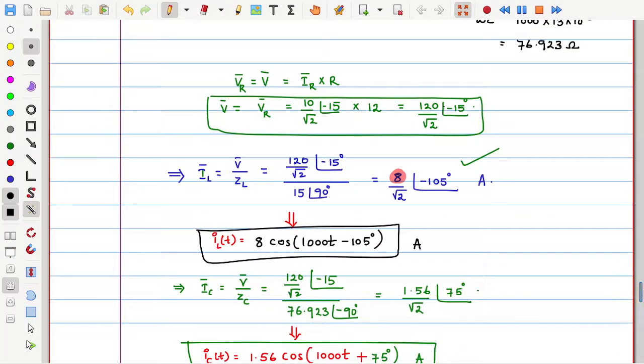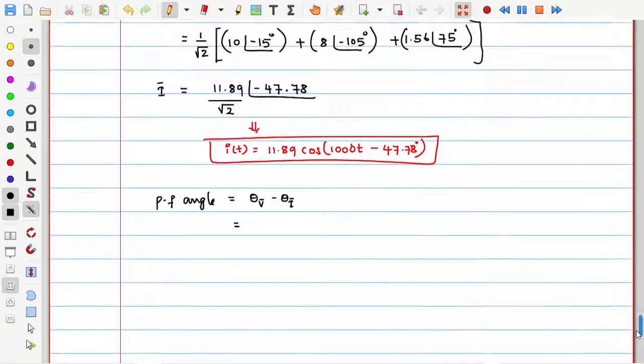V bar voltage angle is minus 15, and I bar angle is minus 47.78. So minus minus plus. So 47.78 minus 15, right? So how much I am getting is 32.78. This is the power factor angle.